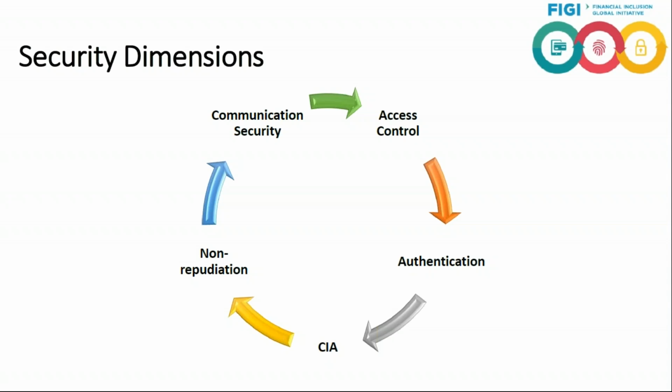This FIGI report addresses the whole value chain, like the controls which need to be put in place by the user, by MNOs and by banks, by third parties, by merchants.